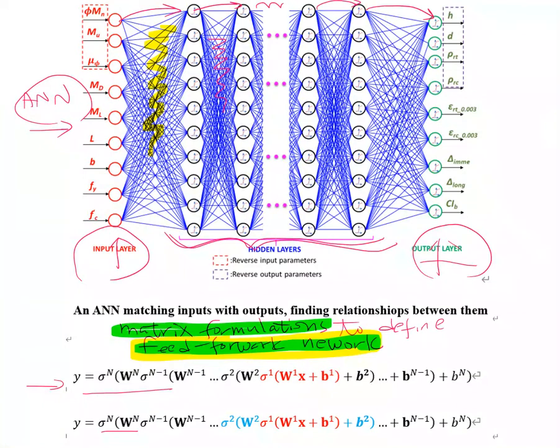And of course these weights and biases connect the last hidden layer and the output layer, as you see over there. This is the way we demonstrate an artificial neural network graphically.